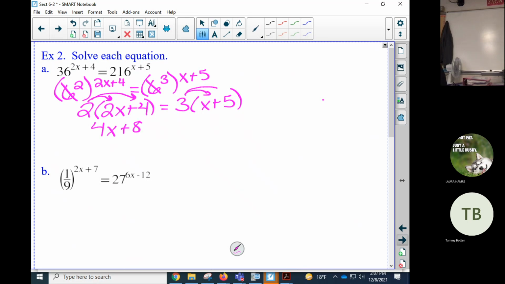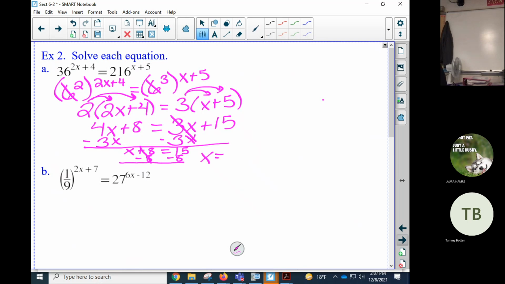And on this side, we're going to get 3x plus 15. Then I bring my 3x over, and I get x plus 8 equals 15. Subtract 8, and x is 7.